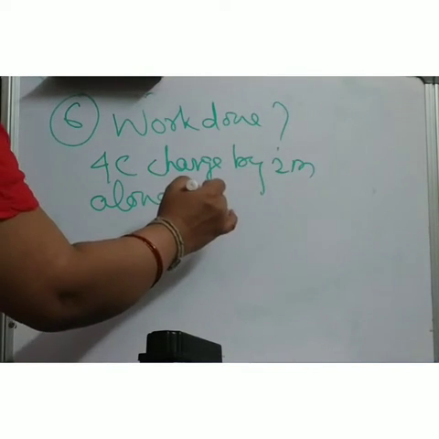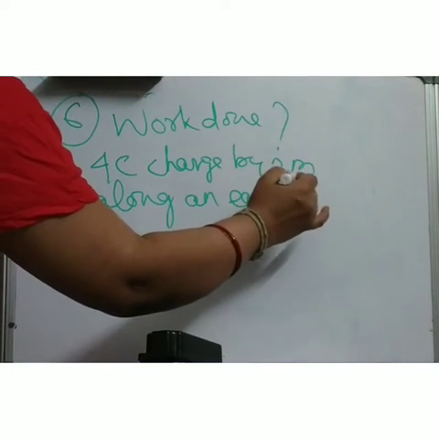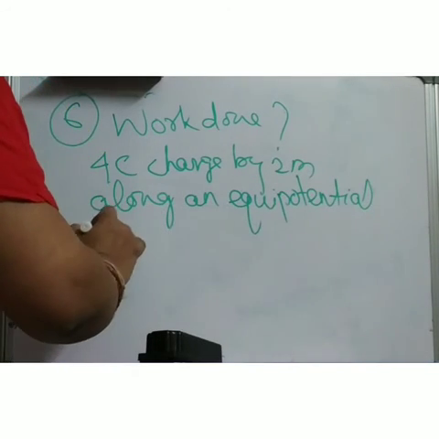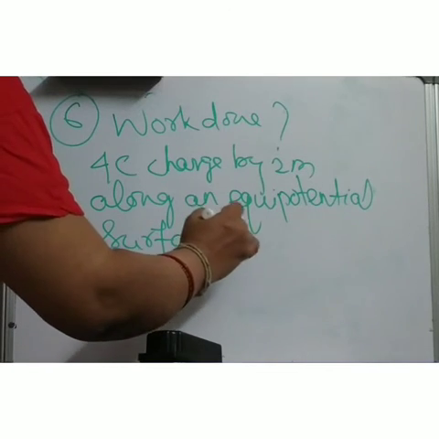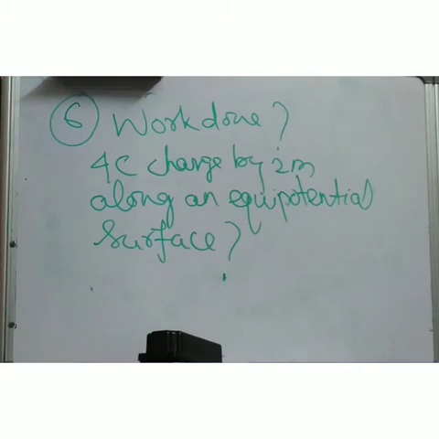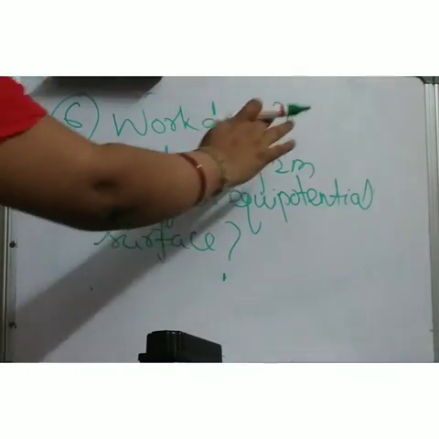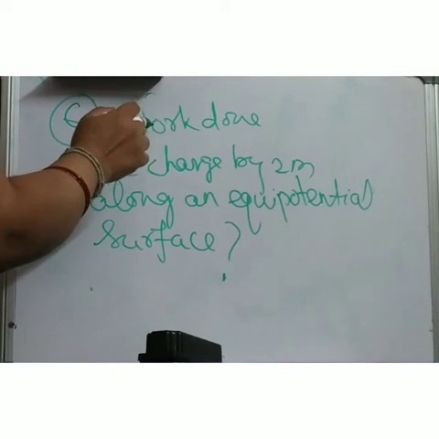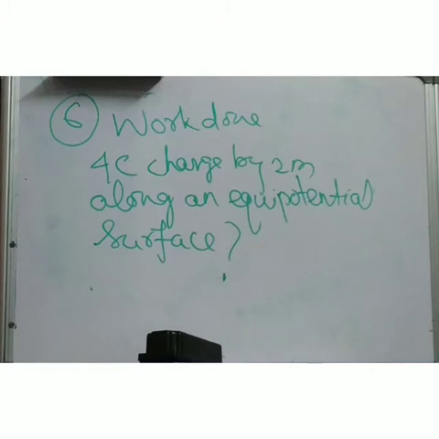So what is the work done in moving a charge? Find out the work done in moving 4 coulomb of charge by 2 meter along an equipotential surface. Tell me, can you solve it?